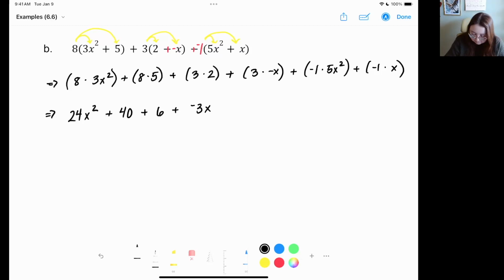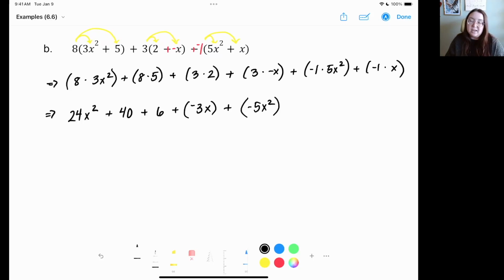If you'd like, to make it more comfortable, you can put parentheses around it just to make very clear that this is a negative number. Then we have plus negative 1 times 5x squared. Negative 1 times 5 is negative 5x squared. I like to put parentheses around my negative numbers just to keep it very clear what's going on.